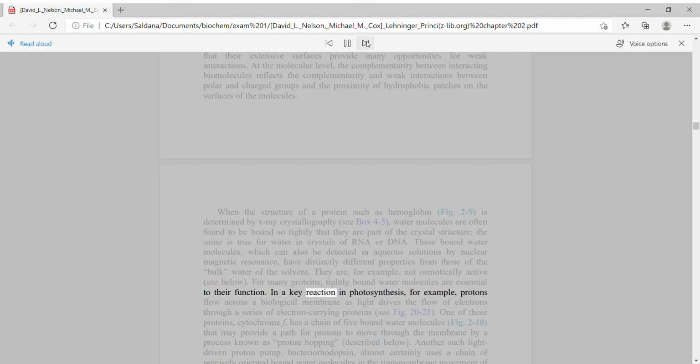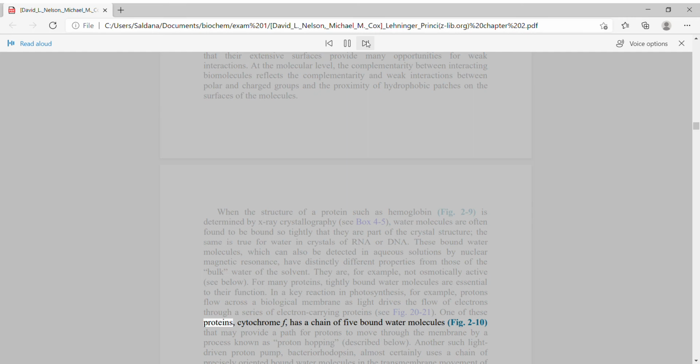In a key reaction in photosynthesis, for example, protons flow across a biological membrane as light drives the flow of electrons through a series of electron-carrying proteins, see Fig. 20-21.